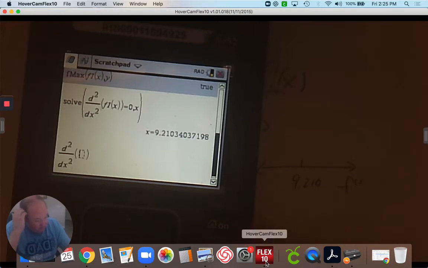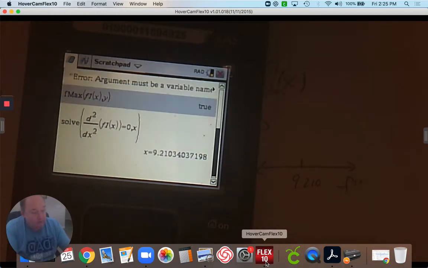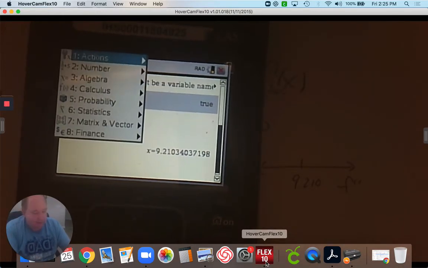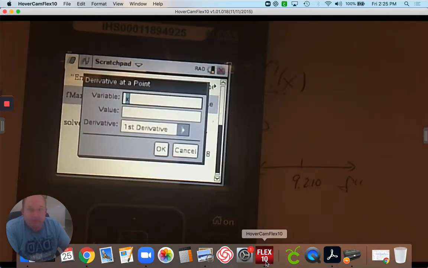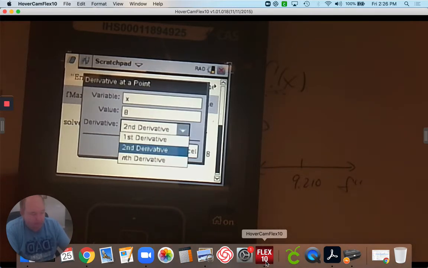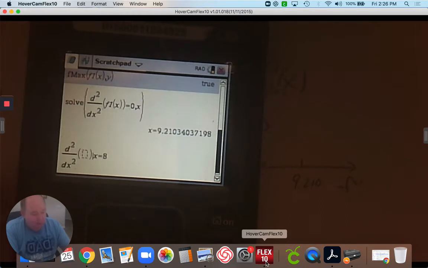Let's go menu, calculus, and derivative at a point. We have x. The value is, I want to pick a number smaller than 9.210, like 8, and it's the second derivative. Then I just put in f1 at x.